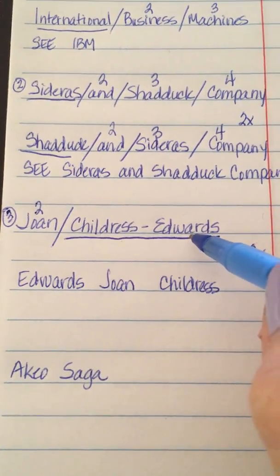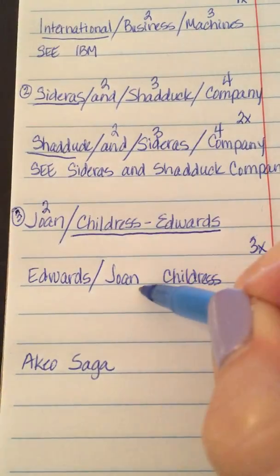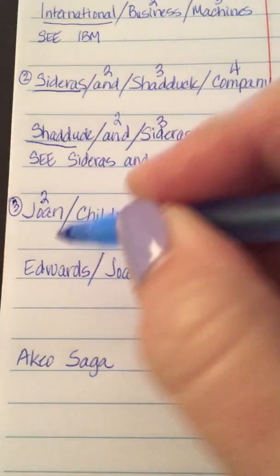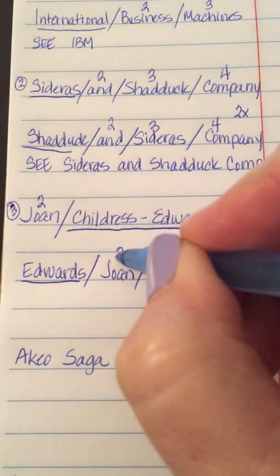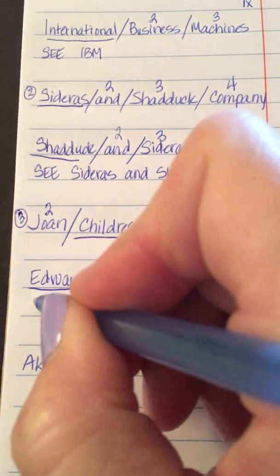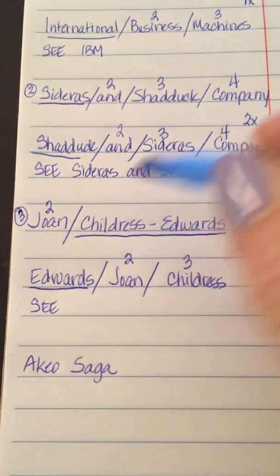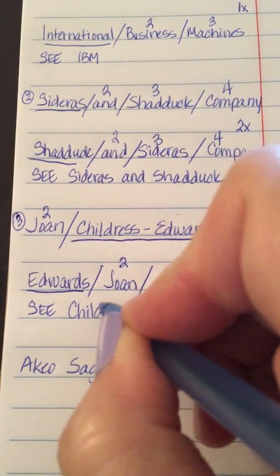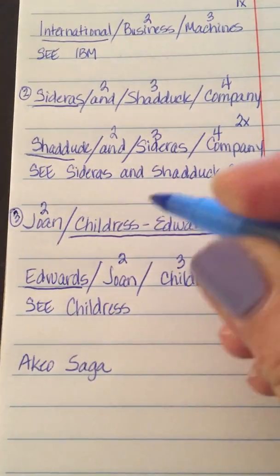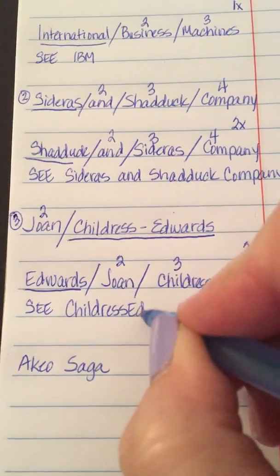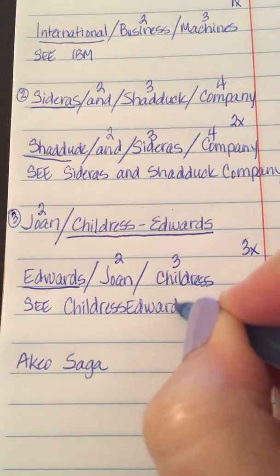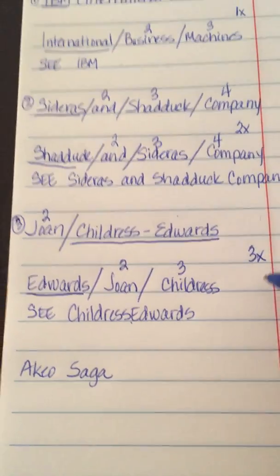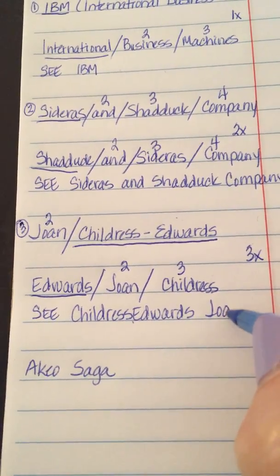Because they're least likely to know Childress as the name, that's why it's placed last when you do this cross-reference. In your C line, you go back to the coded order, and it's important not to write any symbols or punctuation, and I need to be able to see that you know that that is one word. So make sure you don't have a space between Childress and Edwards.